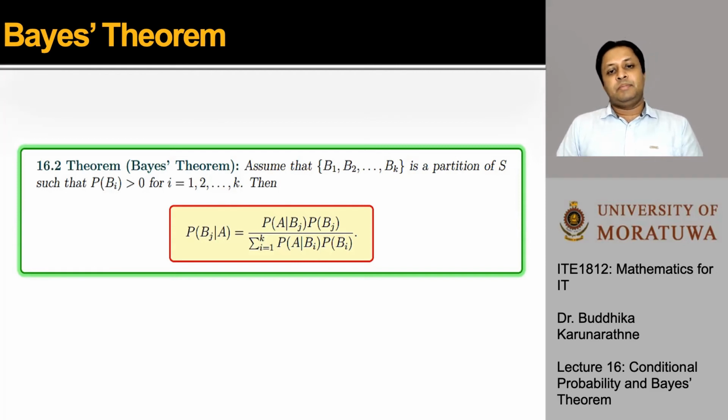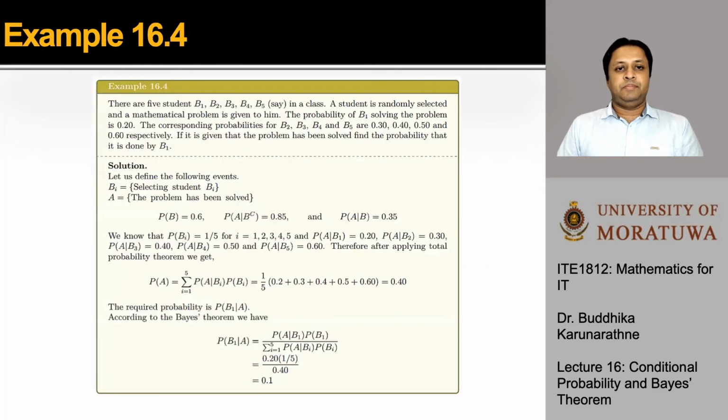Then Bayes' theorem states the probability of Bj given A is equal to P(A given Bj) times P(Bj), divided by the total probability, the summation of P(A given Bi) times P(Bi). Okay, so this is Bayes' theorem, and we will see how this is applied.